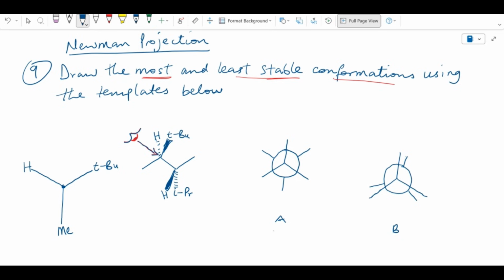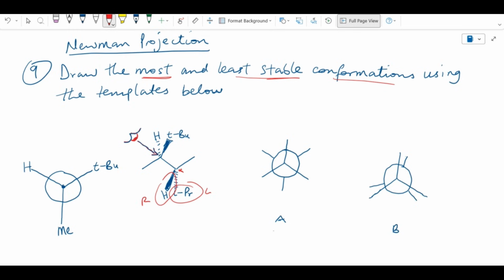Next, we will have the back carbon. So we're going to represent that back carbon with a big circle, and I'm talking of this carbon. So the hydrogen is on a wedge bond. So that means that hydrogen will be on your right-hand side. The isopropyl group will be to your left-hand side.